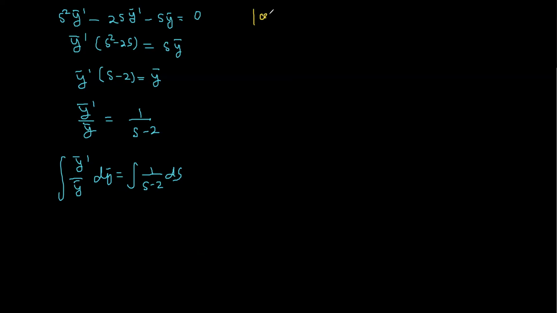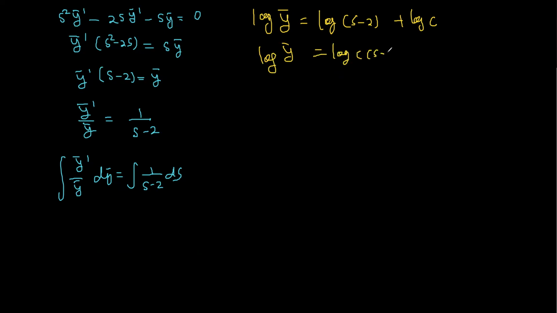This is log y bar and this is log s minus 2 plus log c, right? The logs combine, so y bar is c into s minus 2. C is any constant, right? Understood?